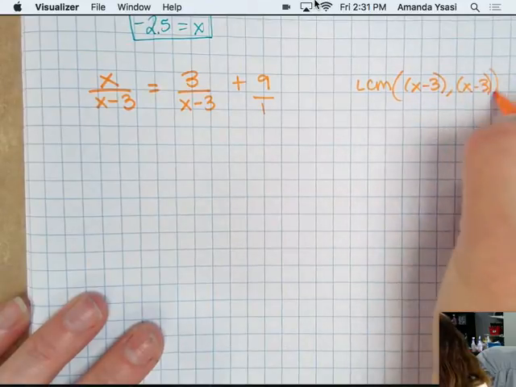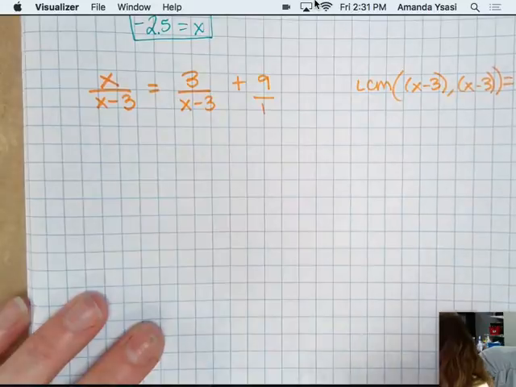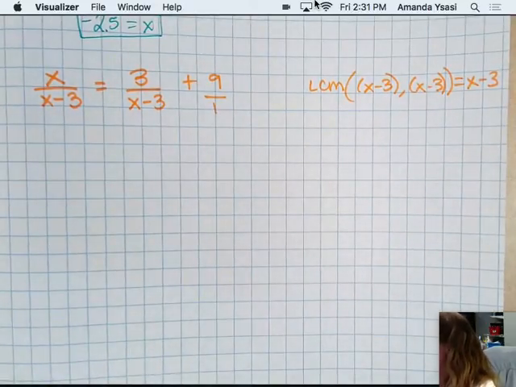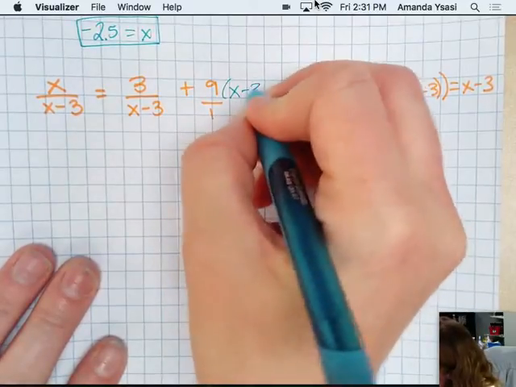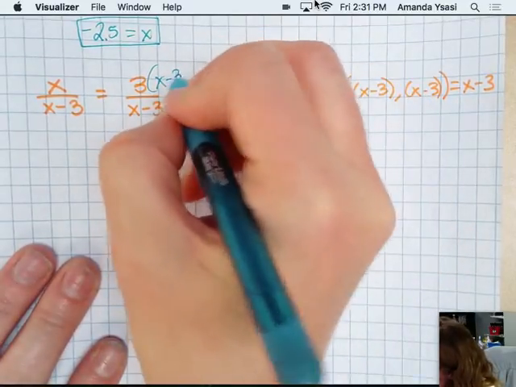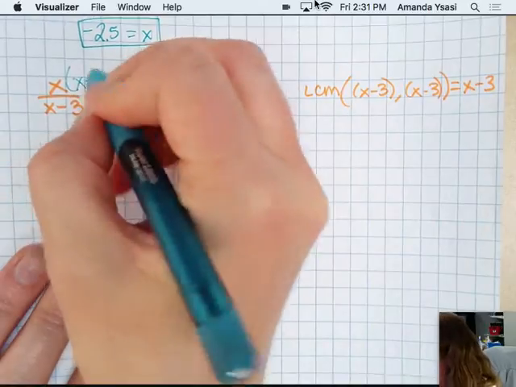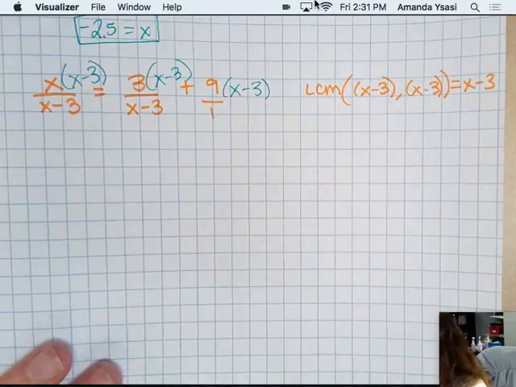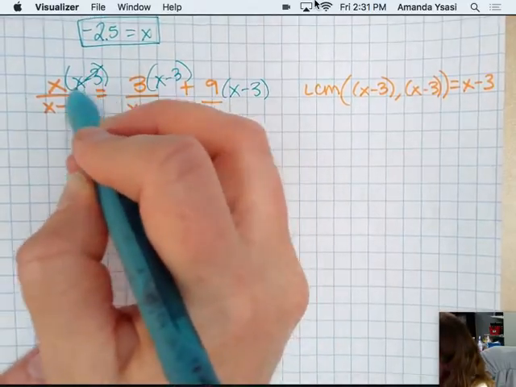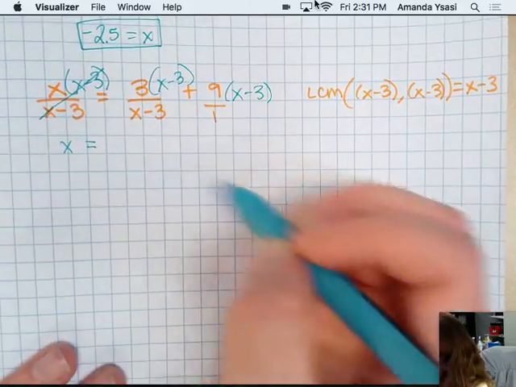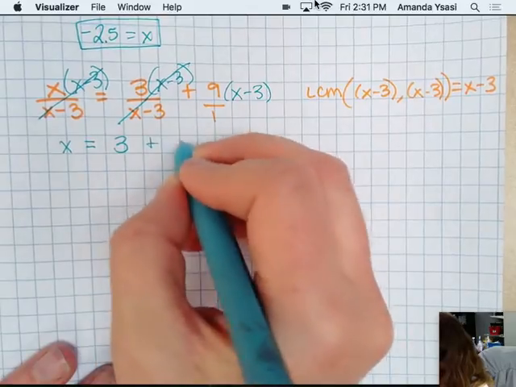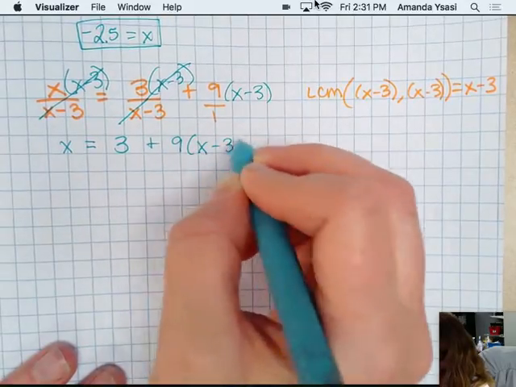Since they're the same, that's your LCM. So you're going to multiply every term by x minus 3. So in this case, those will cancel, just leaving us with x equals 3 plus 9 parentheses x minus 3.